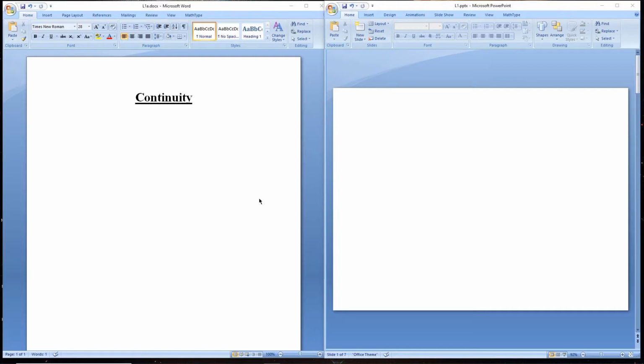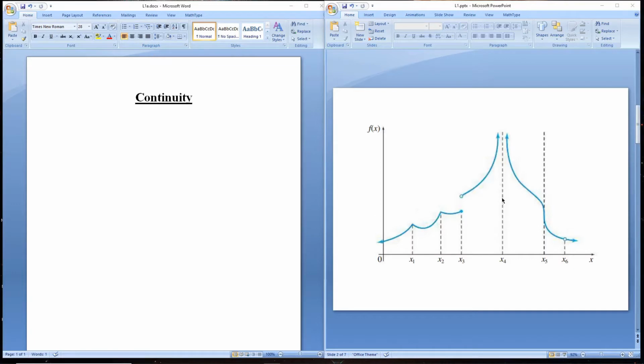say it's discontinuous. So if I pull up a graph over here, and if we just follow the line on the left as if I'm drawing this out with a pen, I could draw this line without picking up my pen. But as soon as I get to x sub 3, I would have to pick up my pen, and so we would say it's discontinuous here.